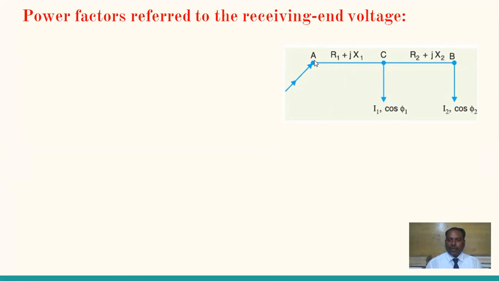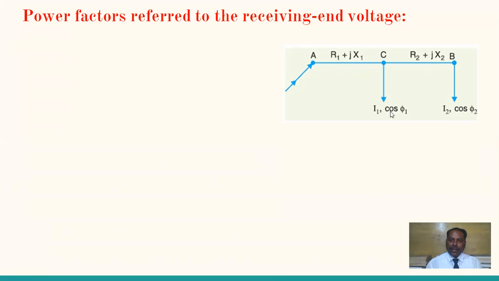A is the feeding point, and C and B are the loading points. The tapping current at load point C is I1 with a power factor of cos phi 1, and the tapping current at load point B is I2 with a power factor of cos phi 2. The section impedance of AC is R1 plus jX1, and the section impedance of CB is R2 plus jX2.